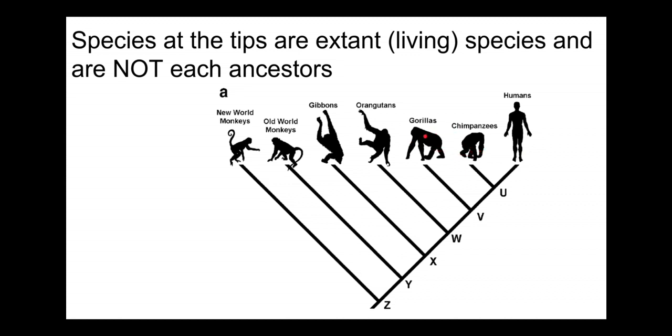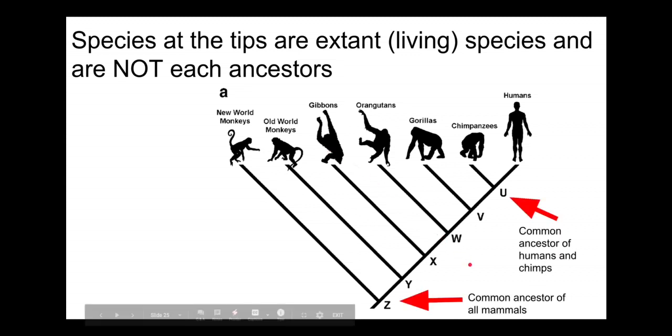They are the cousins of gorillas. These are all living species. Nobody is the ancestor of another species on this tree. The ancestors are indicated by the nodes. They occur sometime in the past, and they are extinct.